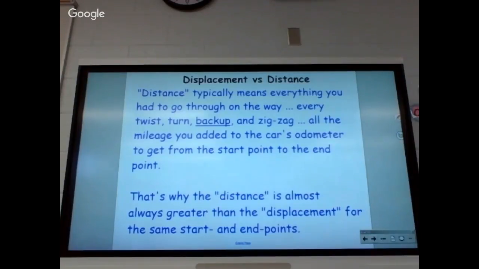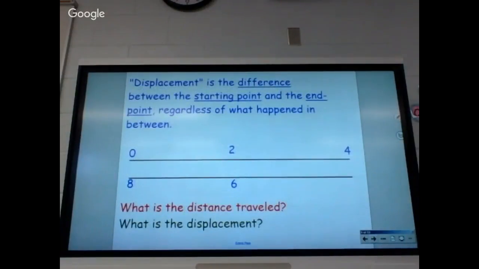Distance will be bigger. Displacement is usually going to be our smaller number. Some of what we're going to do on Tuesday is going to require you to use some math skills that you learned in, I'm guessing, Algebra 1 or Math 1.